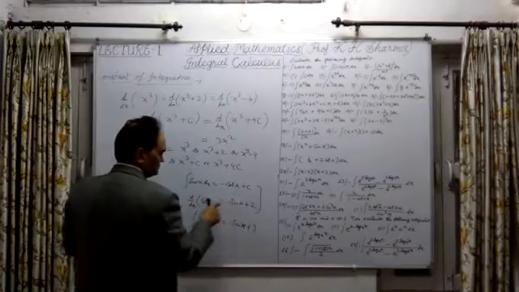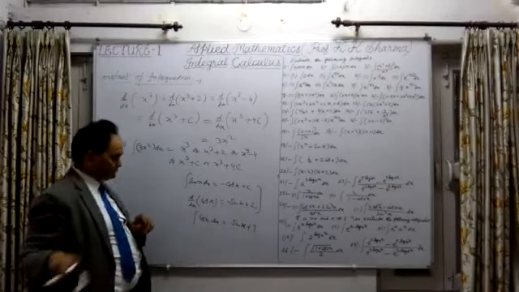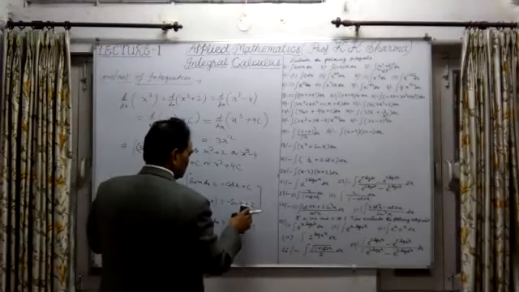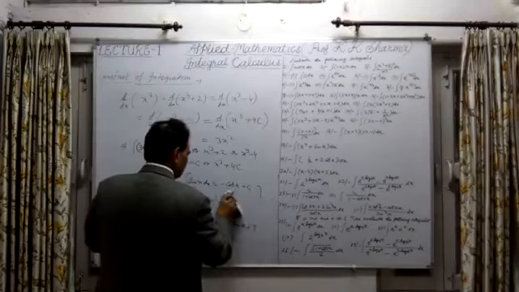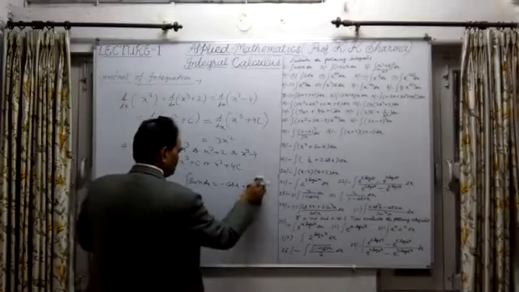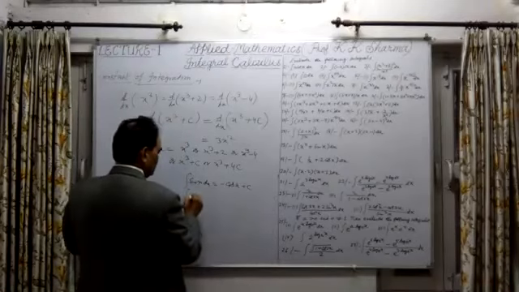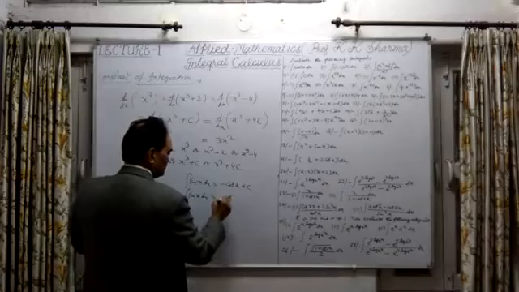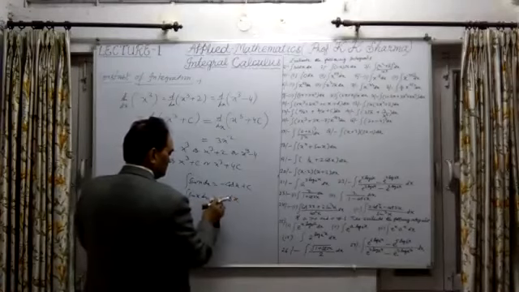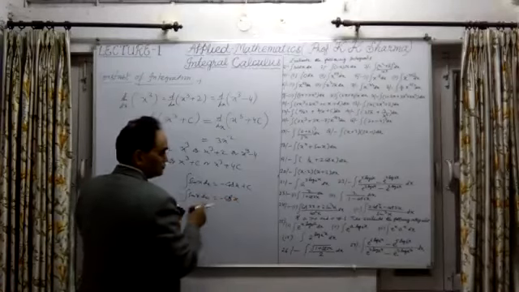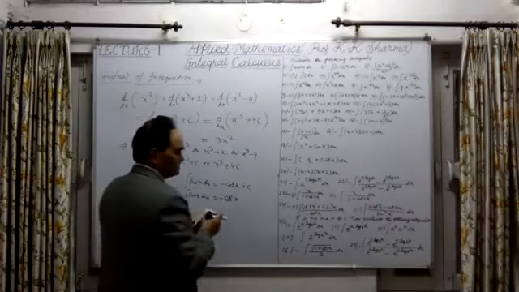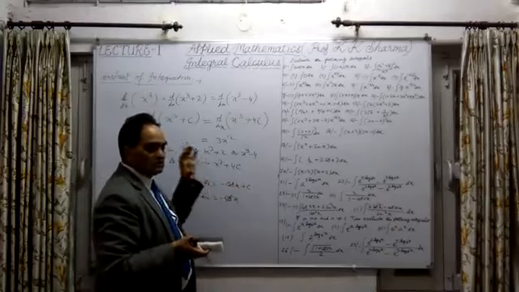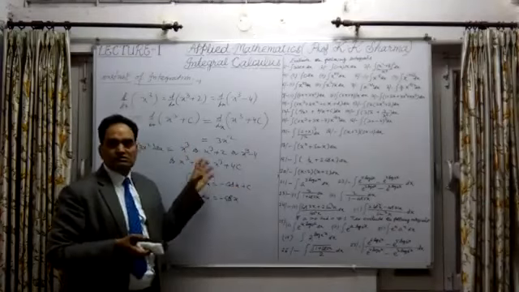So the integration of sin x is minus cos x plus c, or we can write simply minus cos x, without any constant here. The constant may be written or may not be, but we understand this is an indefinite integral. It is just obvious that the constant is there.